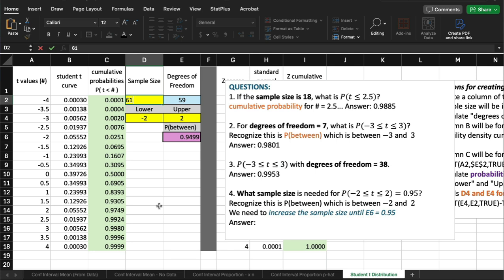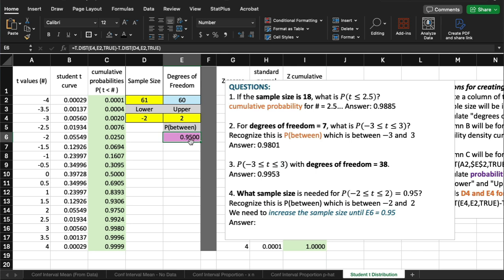Again, you can experiment with different sample sizes as much as you want until you reach the value we're looking for. Notice that when the sample size is 61, the probability of t being between -2 and +2 is exactly 0.95. If we expanded to more decimal places, it's not exactly, precisely 0.95. But since we're talking about 4 decimal places here, that's pretty standard and reasonable.